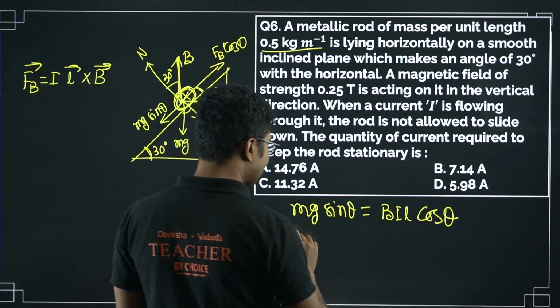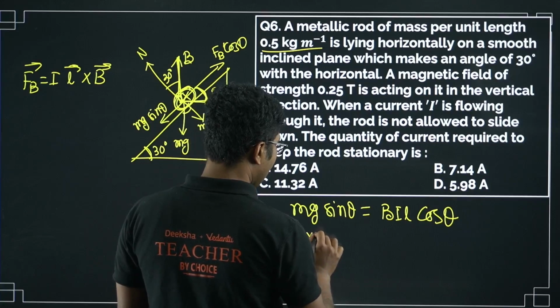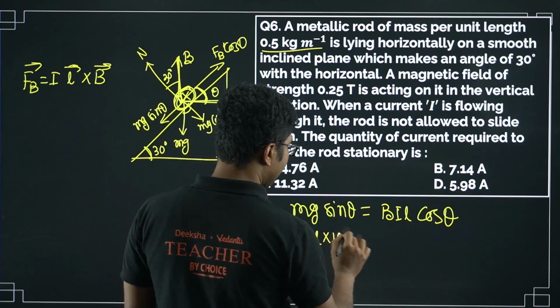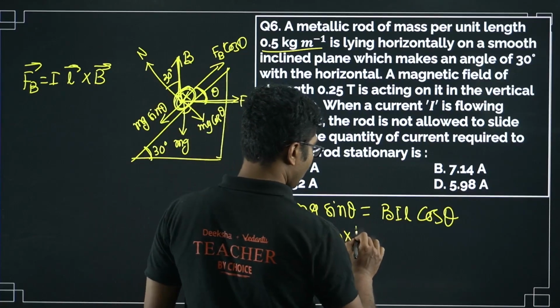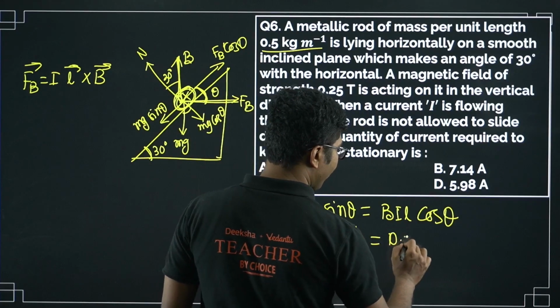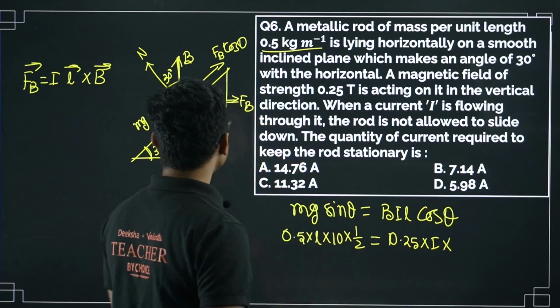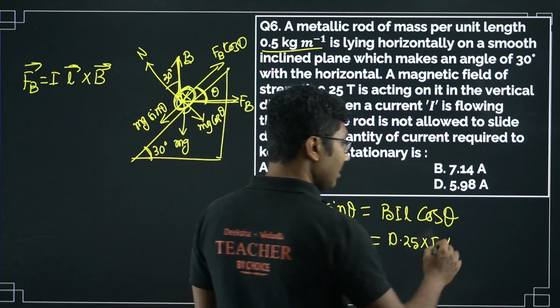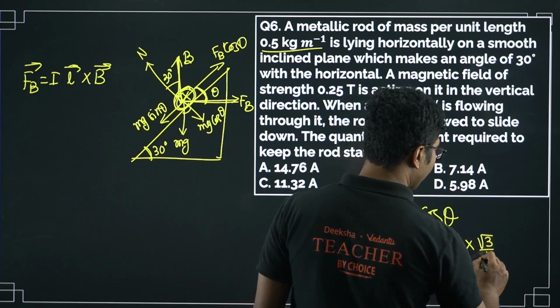Now just put the values again, same process: 0.5 into L into g, which is 10, sin 30 value is half, equals B, which is 0.25, I we do not know, L is again L, and cos 30 is root 3 by 2.